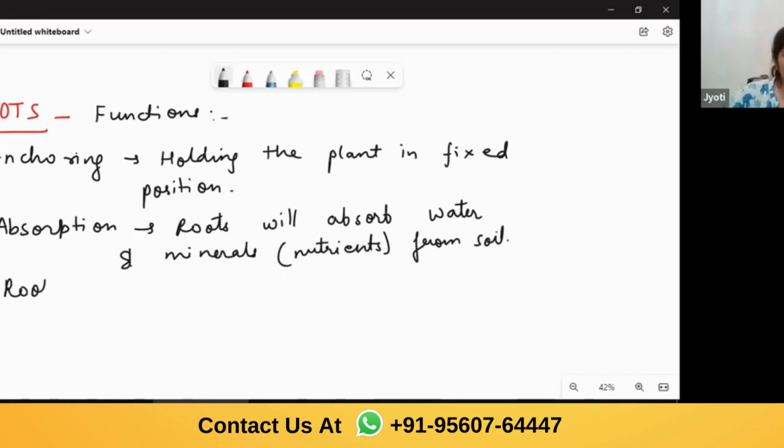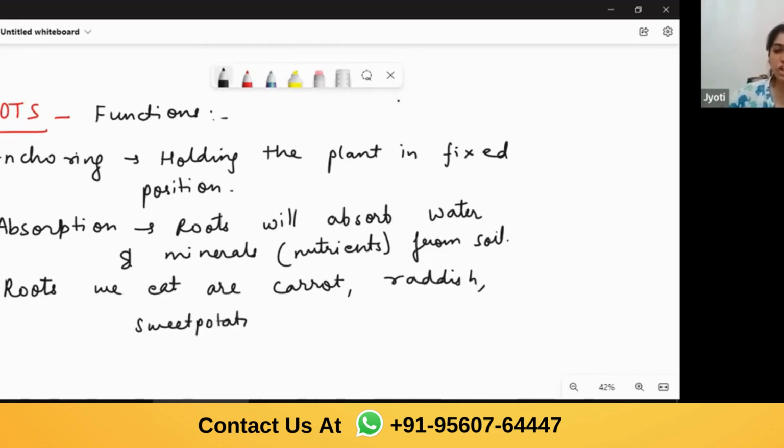And the roots we eat are, for example, carrot, radish, sweet potato. Sweet potato is shakarkandi. Beetroot, beetroot is chukundur, etc.